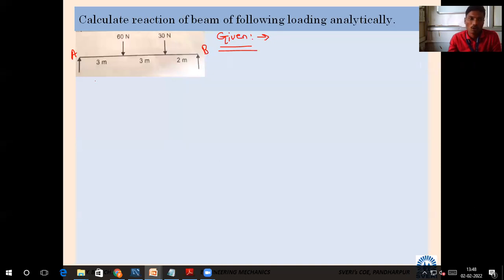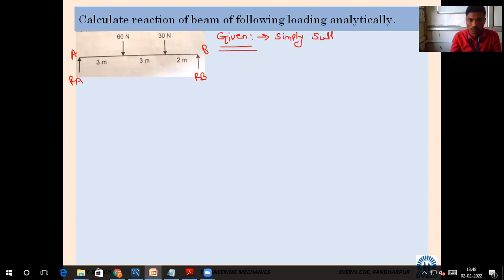Whatever reactions are offered means force is applied on this beam at two different places. So whatever load is applied on the beam will be taken by two reactions, RA and RB. What is given?